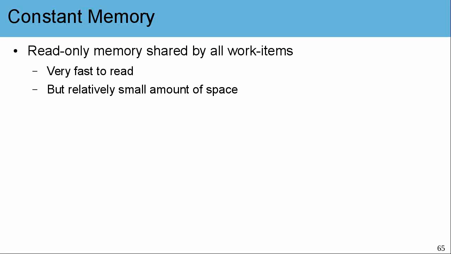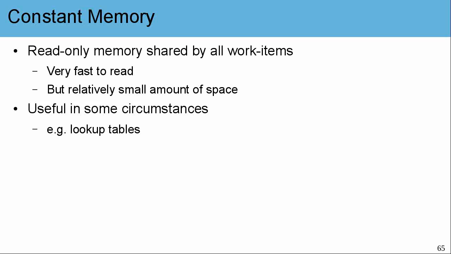Now, constant memory is read-only memory. It's shared by all the work items. We saw this. It's very fast to read, but it's a relatively small amount of space. It's useful in some circumstances. If you think of lookup tables, you should really be thinking of constant memory. Because constant memory is relatively small, if you have an enormous lookup table, it won't be so useful.